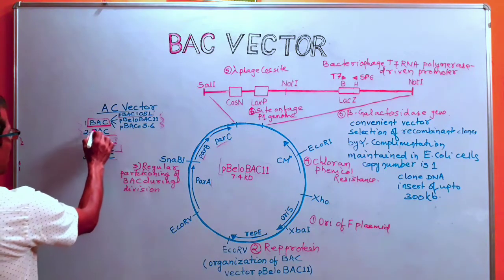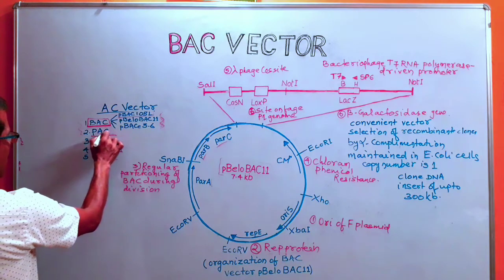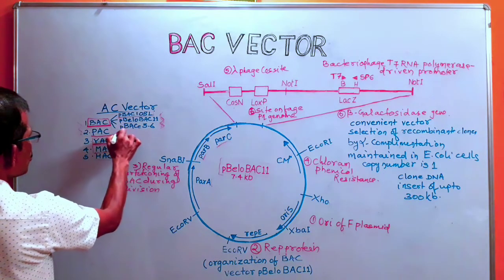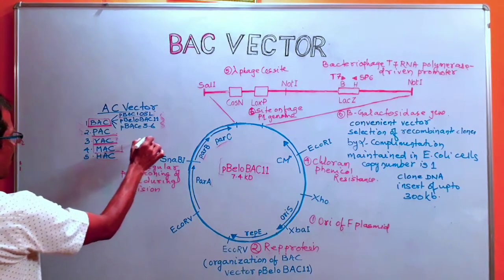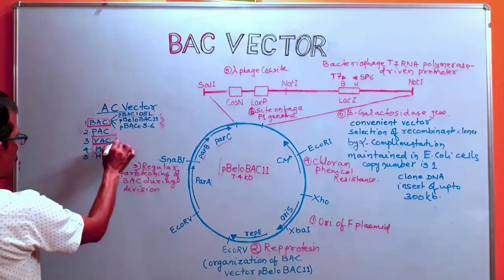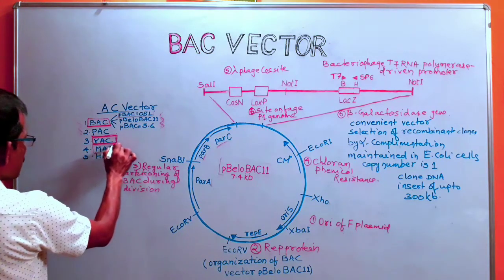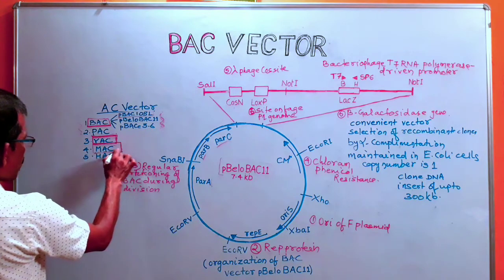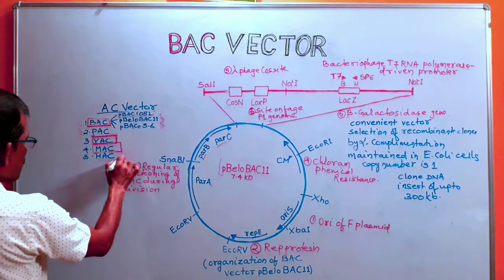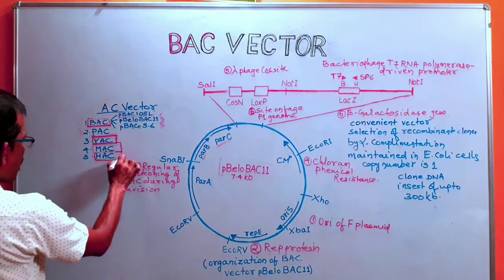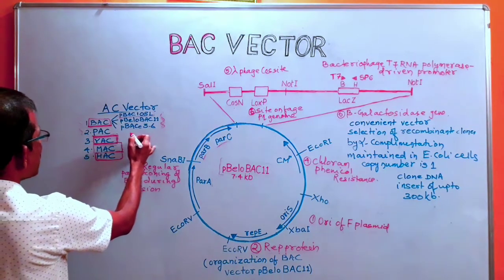Out of these, bacterial artificial chromosome vector and P1 derived artificial chromosome vector are useful for cloning in bacterial cells, whereas yeast artificial chromosome is useful for cloning in yeast. Mammalian artificial chromosome is useful for cloning in mammalian cells, and human artificial chromosome is useful for cloning in mammalian cells.